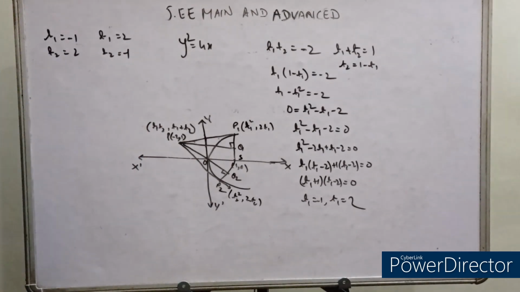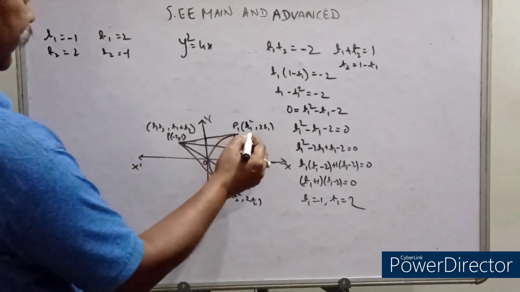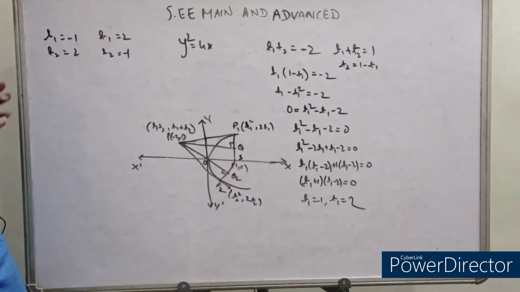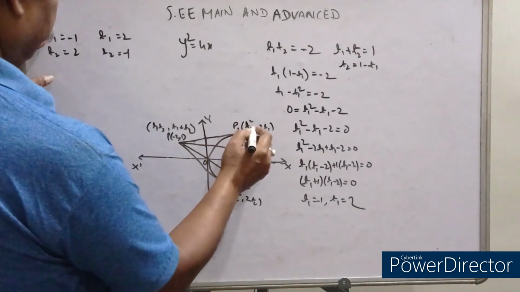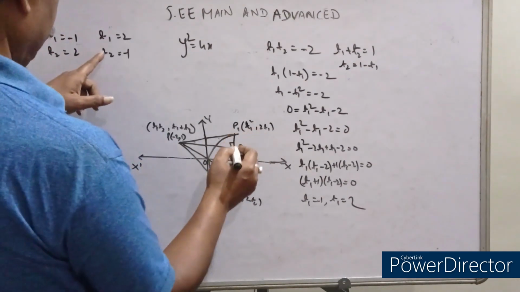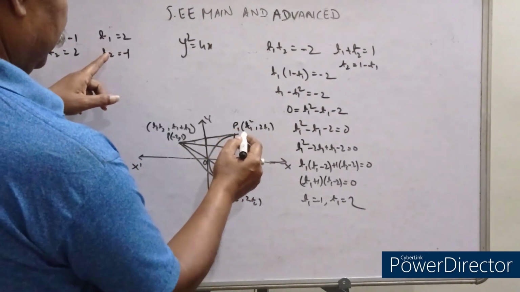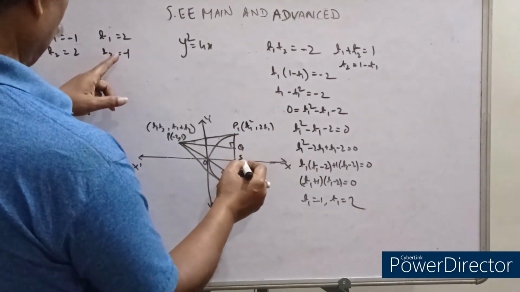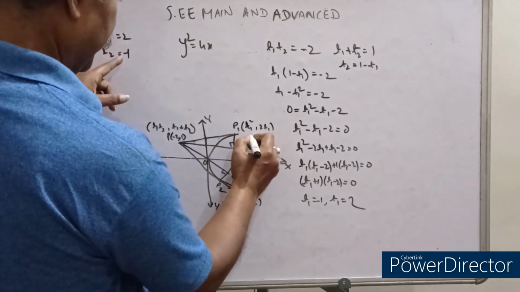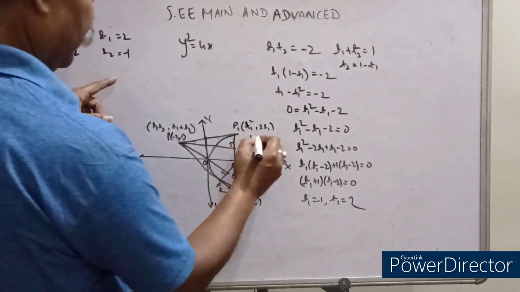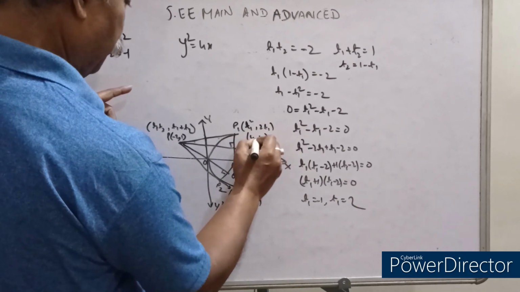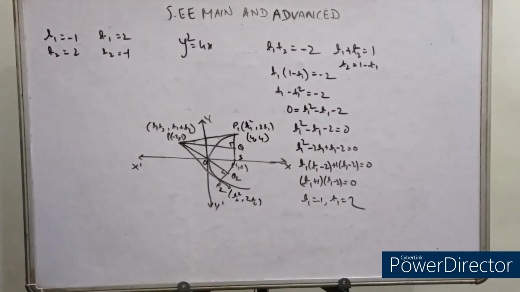So from this you can see, because this is the positive side, I am taking t1 that is positive, this is x, so positive side 2, so 2 square this will be 4, and 4. The coordinate of this point will be (4, 4).